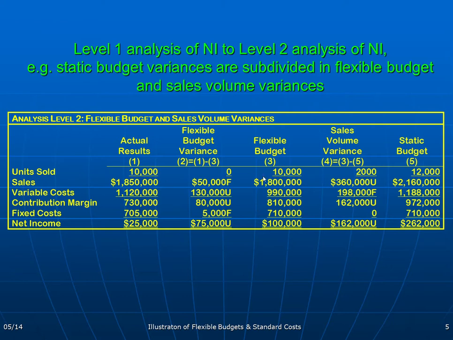So, for example, our flexible budget, assuming 10,000 units of sales, is $100,000. Our actual sales for that same level of output was $25,000. Therefore, we have a $75,000 unfavorable variance. We would break that out. As you can see, we've got a favorable sales variance. That's a result of the fact our sales price was higher than our budgeted sales price.